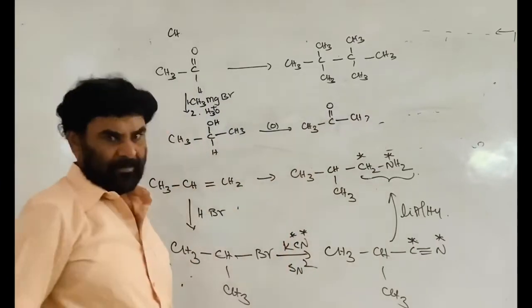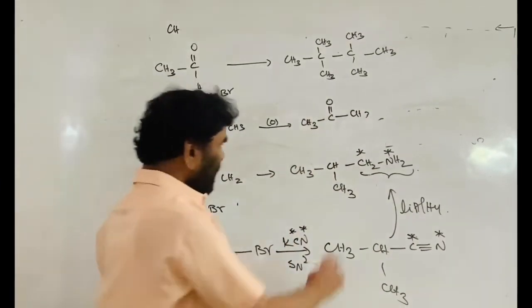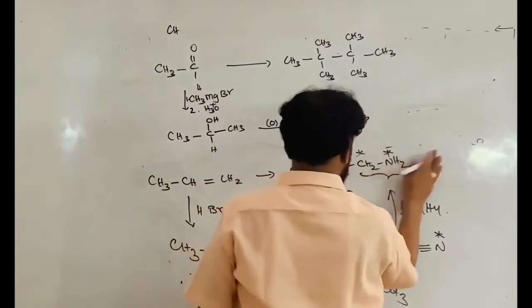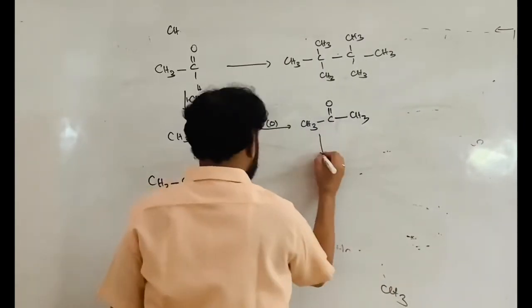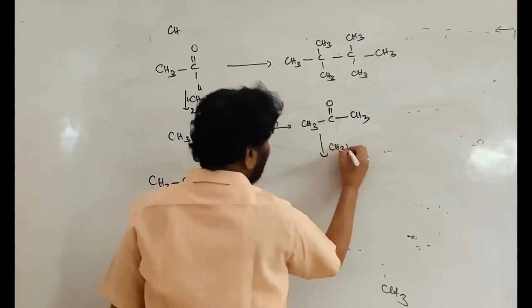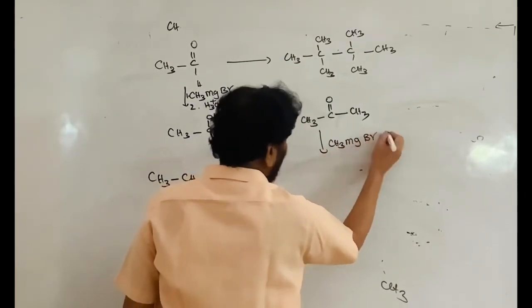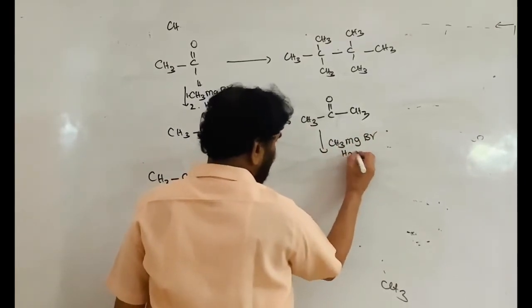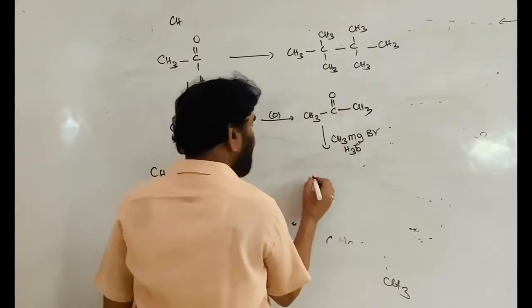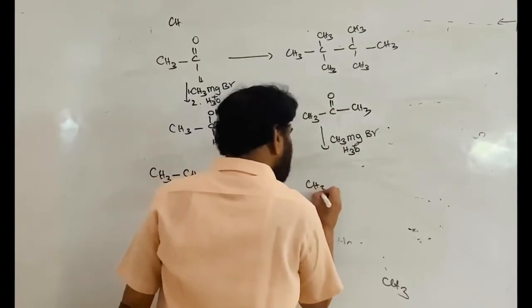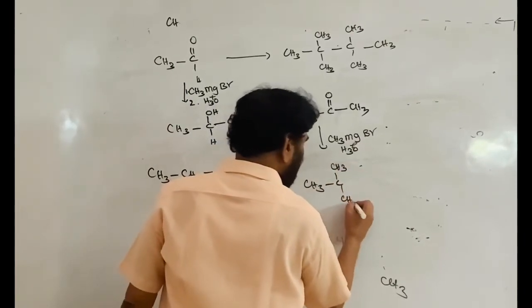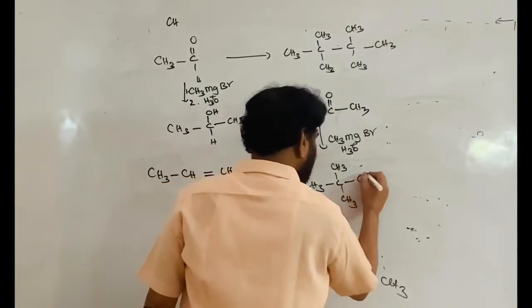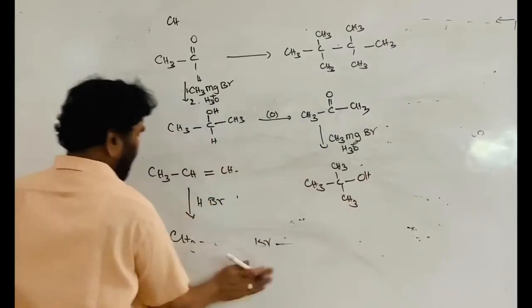Further, it is treated again with methyl magnesium bromide, followed by hydrolysis. The ketone gives the tertiary alcohol, CH3, CH3, CH3, this is OH, tertiary butyl alcohol.